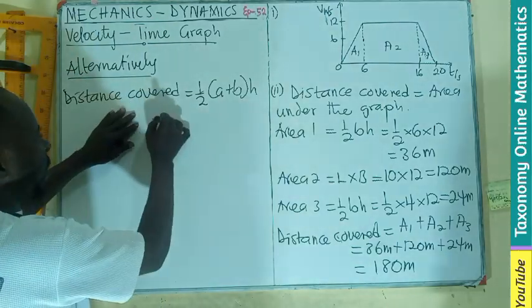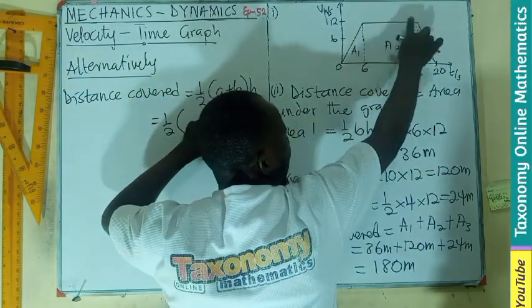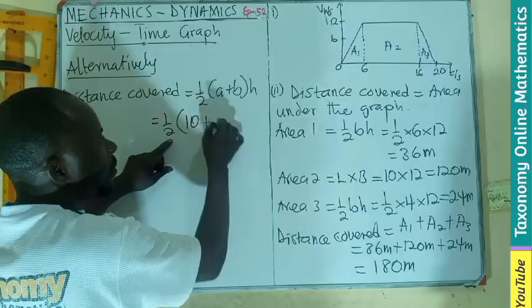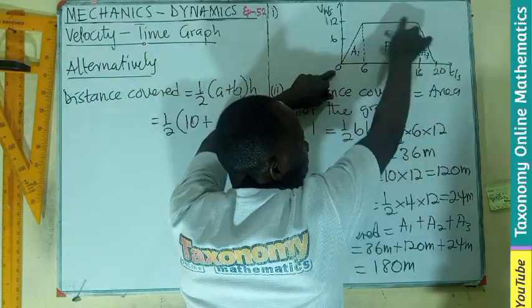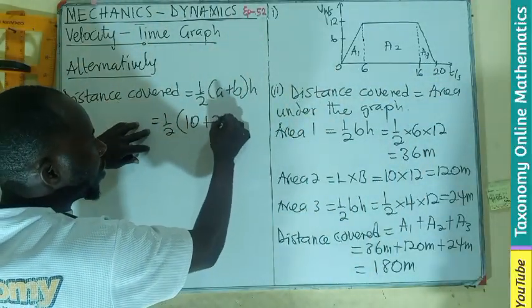So this is going to be 1/2. A is from here to here, which represents 10. Then B is the parallel side, from 0 to 20.